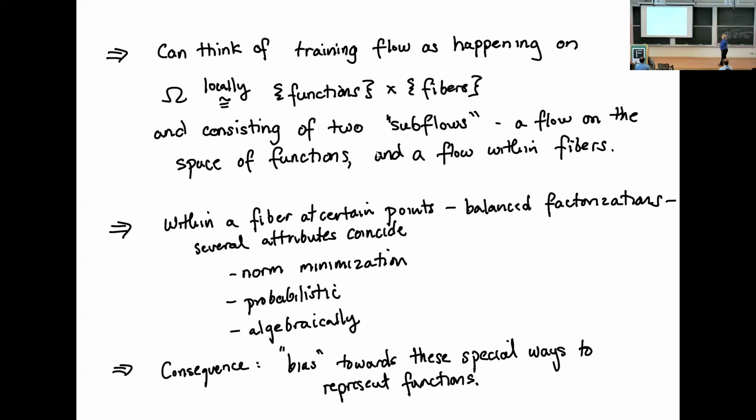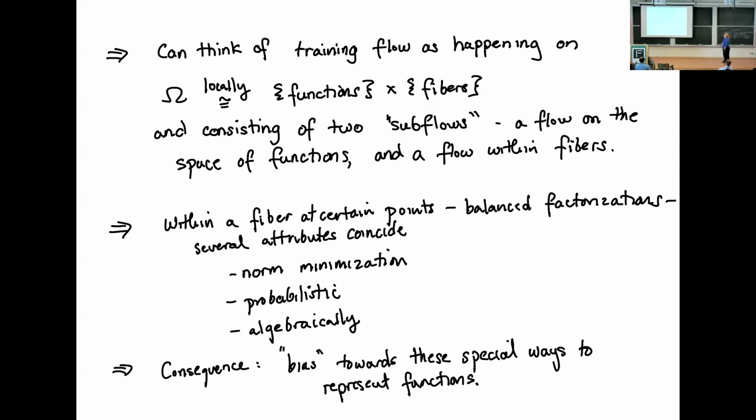In this very, very simple setting of deep linear models, we see that there are these privileged representations. And in this case, at least three different things coincide. These privileged choices minimize norm, they also have a probabilistic interpretation, and they're also the simplest algebraically.